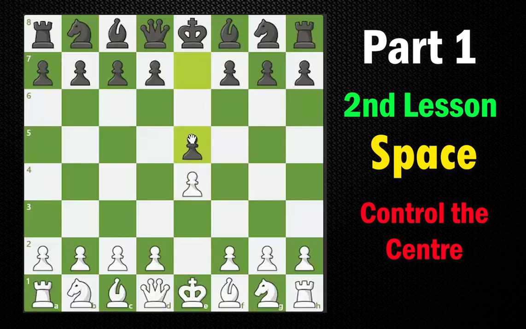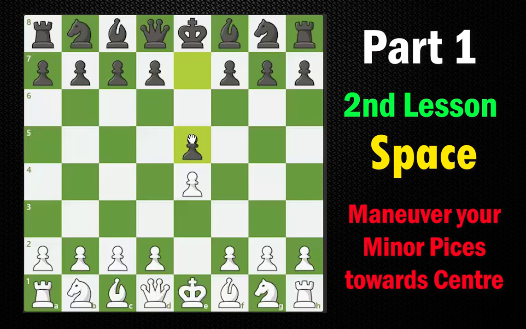The other thing you have to remember is that you have to maneuver your minor pieces towards the center. Now, what are minor pieces? Minor pieces are knights and bishops. You have to maneuver them towards the center, because minor pieces are more powerful when they are towards the center, because they are controlling the central squares.